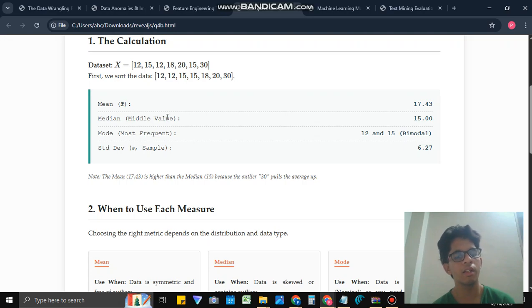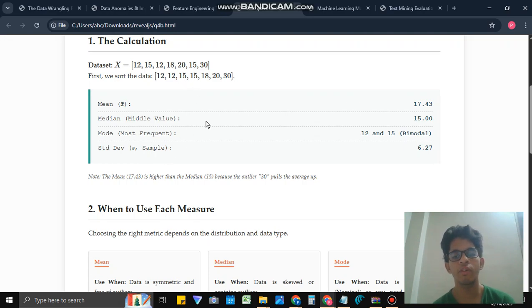Median is the middle value. In this case we have an odd number of values, so it will be (n+1)/2, which will be 15. First we order it, then we get 15 as the middle value.